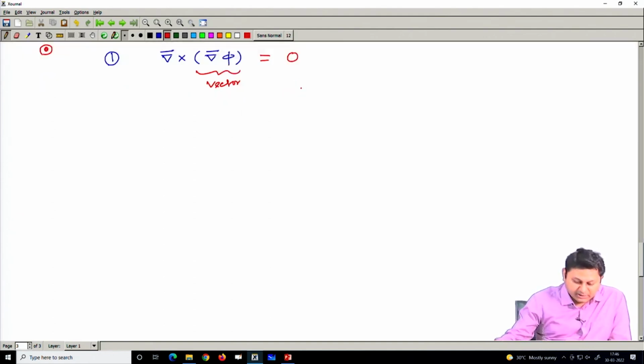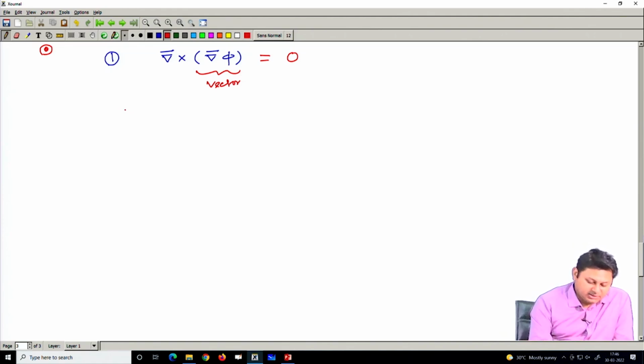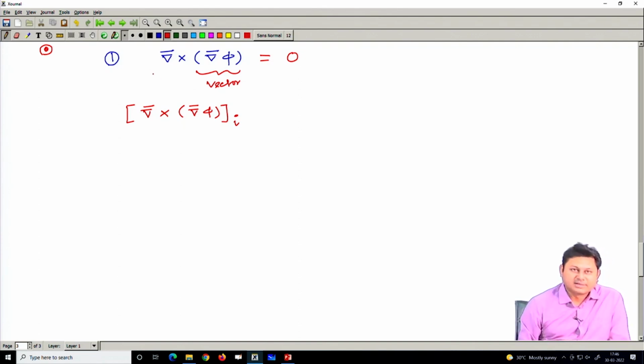So, how do you prove that? What is the proof? That I am going to do here quickly by using the useful Levi-Civita symbols that we know. So, let us try to find out first the ith element of this vector, because at the end of the day this gives us a vector quantity, right. So, the ith component, how do you write it in terms of epsilon?